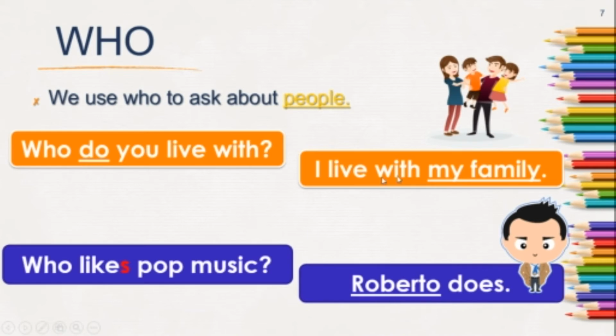Roberto does. This does refers to the verb like. Who do you live with? I'm asking about the other people I live with. So my answer is I live with my family.